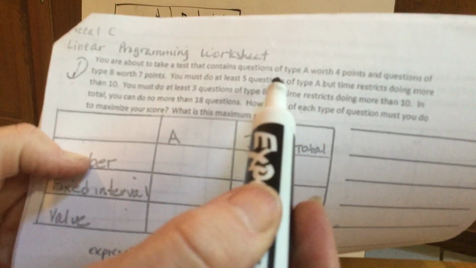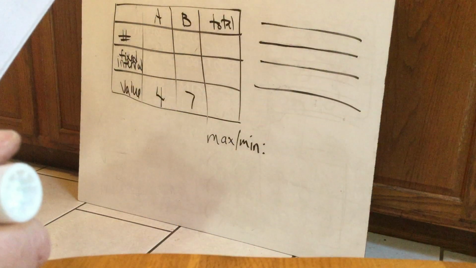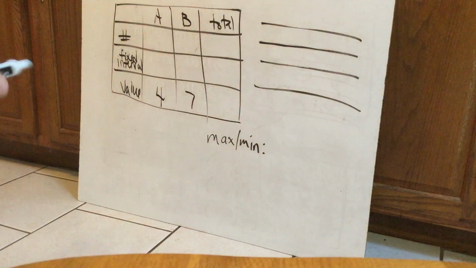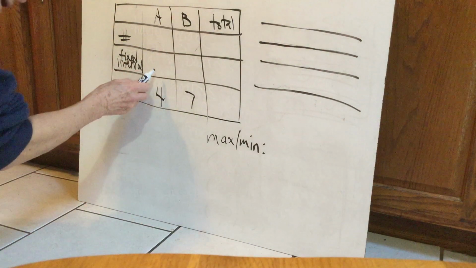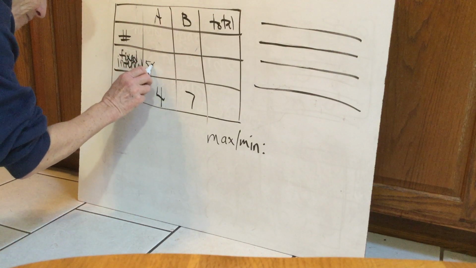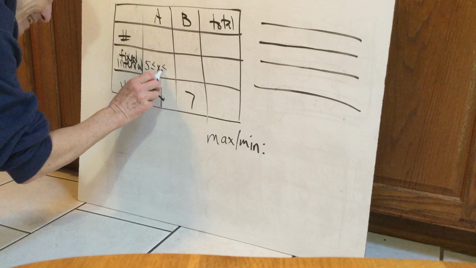All right, so I want you to focus right in on that sentence. You must do at least 5 questions of type A, but time restricts you from doing more than 10. So that means that type A questions have to be between 5 and 10.